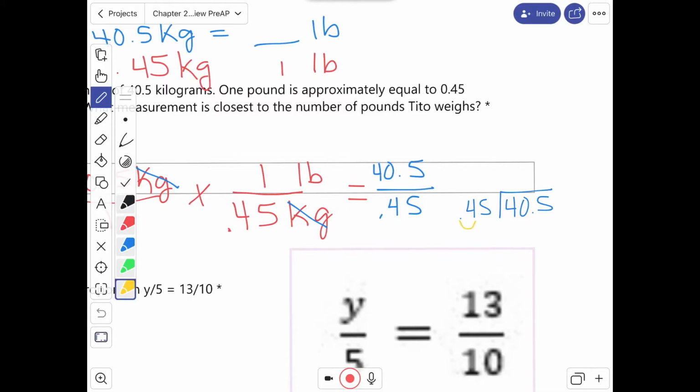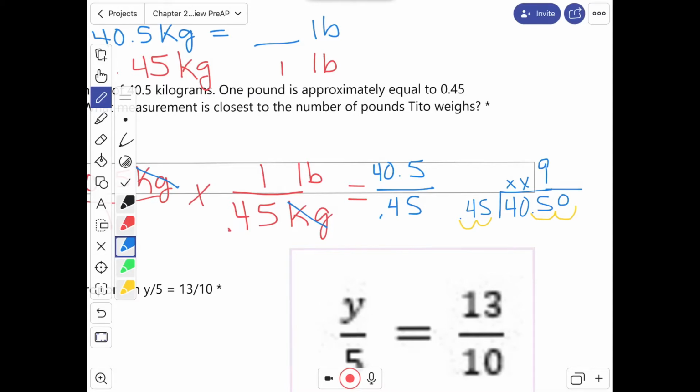Remember that if you have a decimal on the outside, you have to move it over. So that means I have to move it 2 spaces on the inside. I'm going to have to add another 0. 45 doesn't go into 4. It doesn't go into 40. But it will go into 405 about 9 times.